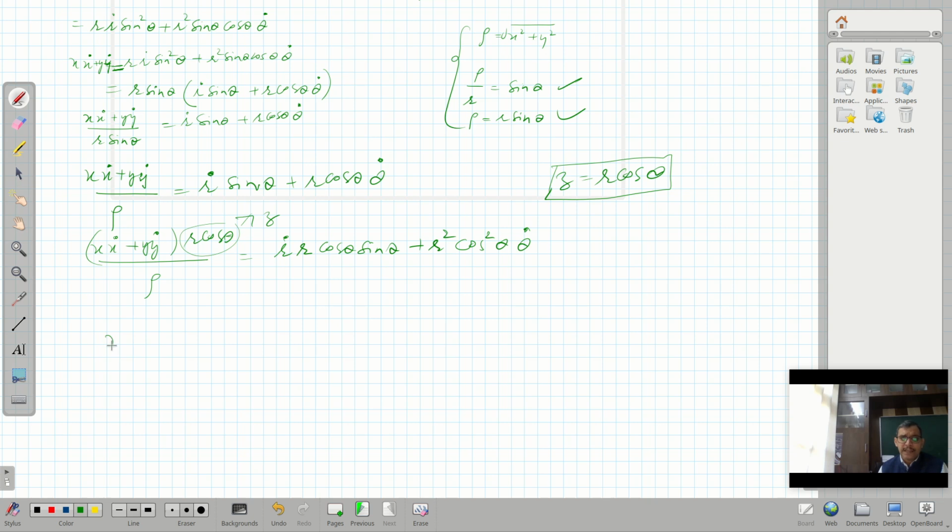So I can write it as x dot plus y dot into z upon rho, r dot sine theta cos theta plus r square cos square theta theta dot.